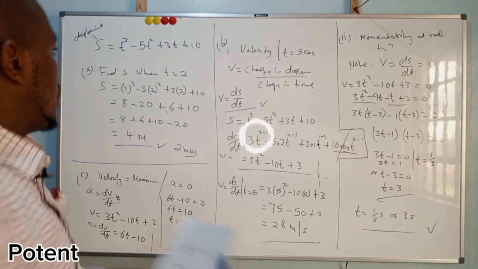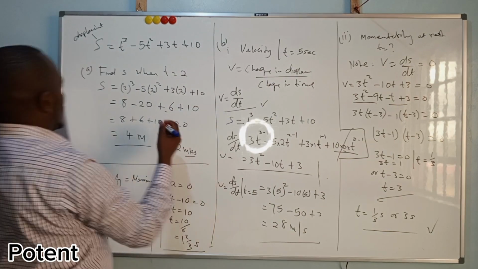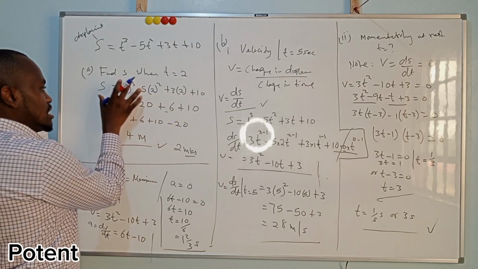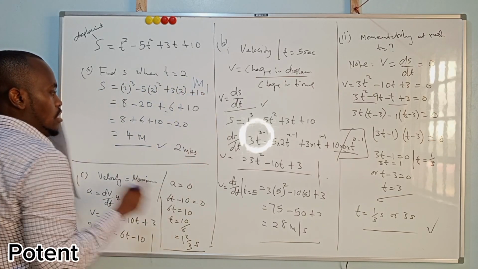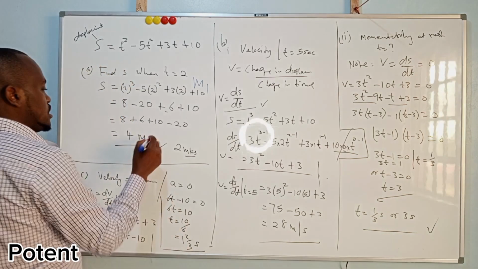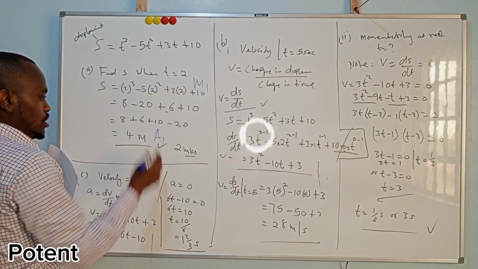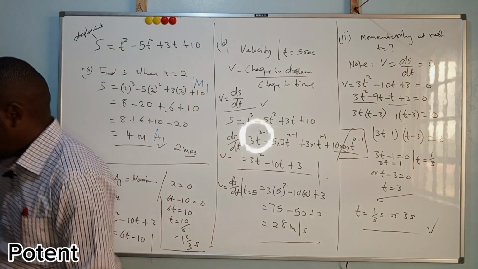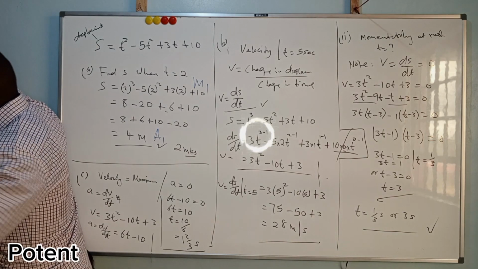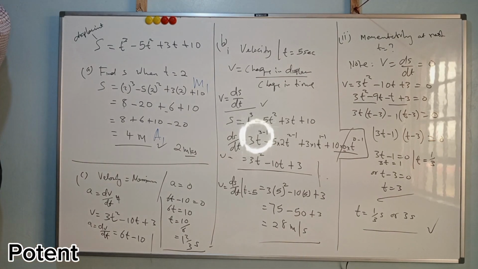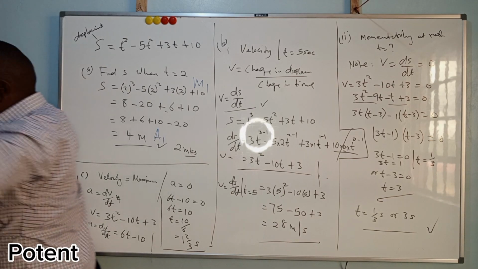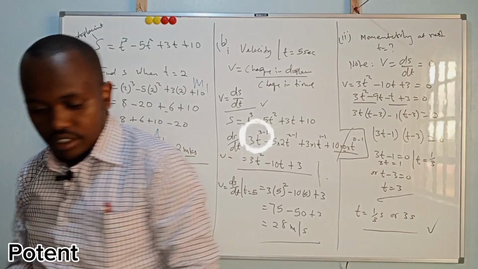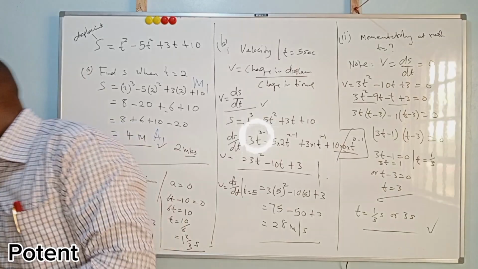Let us mark for ourselves. This part of the question was worth 2 marks. So find s when t is equal to 0. By just replacing here, you have M1, and this is A1, if you get this correctly. Let me take a red pen instead, so that it can enhance visibility.